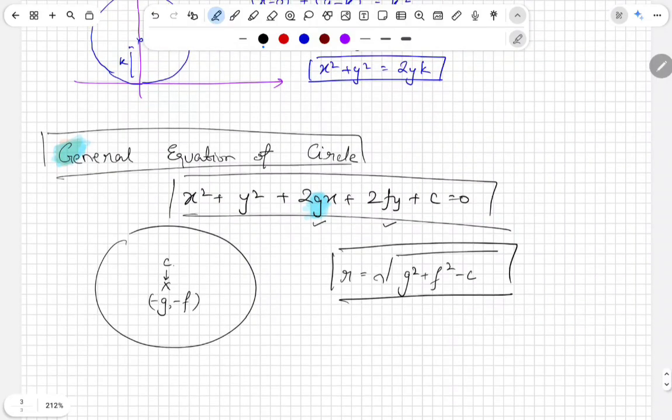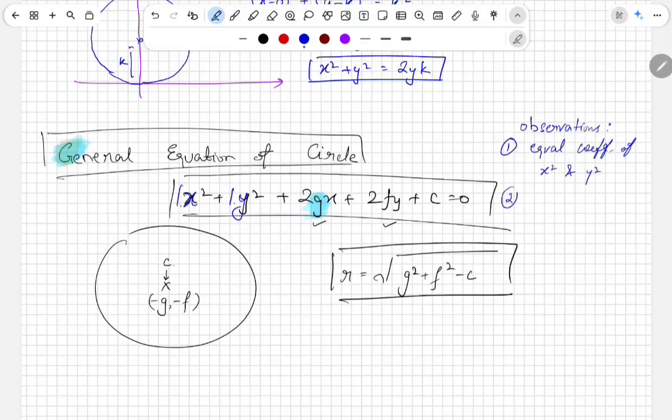Okay, and in this equation there are certain observations. We have to remember these observations. First observation is that the coefficients of x² and y² are equal. Second observation is that there is no xy term.